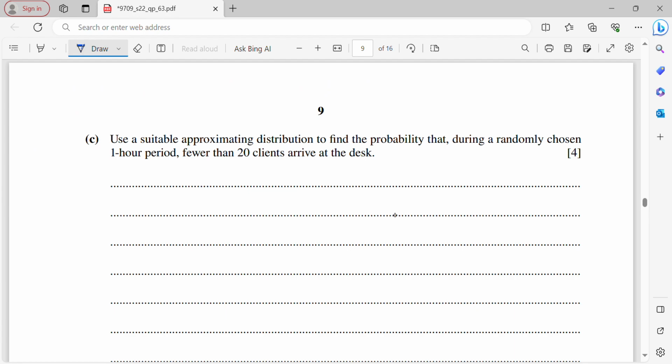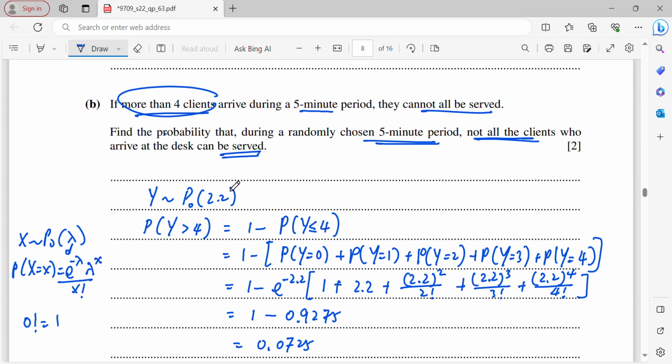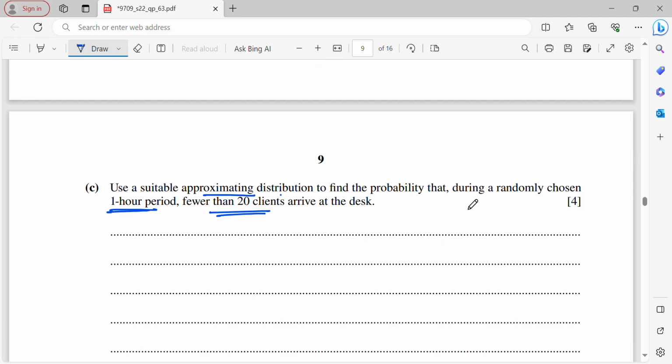Now for C, use a suitable approximating distribution to find the probability that during a randomly chosen 1 hour period, less than 20 clients arrive at a desk. Now, see, 1 hour has 60 minutes, right? So we know that every 5 minutes you will get 2.2. So what I need to do here is write 60 minutes divided by 5.